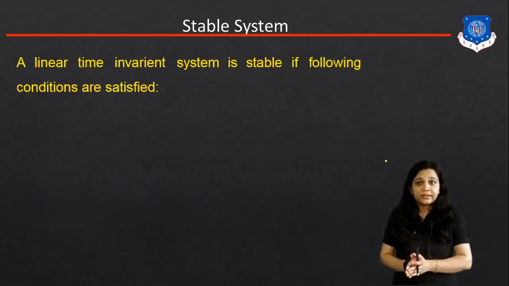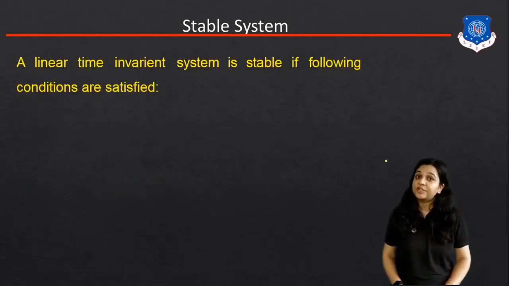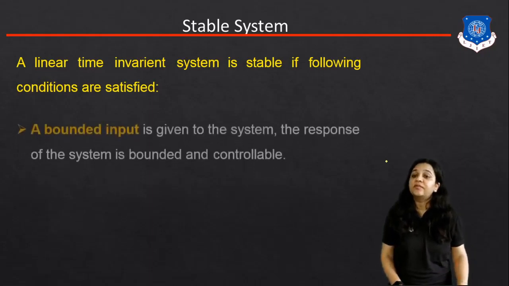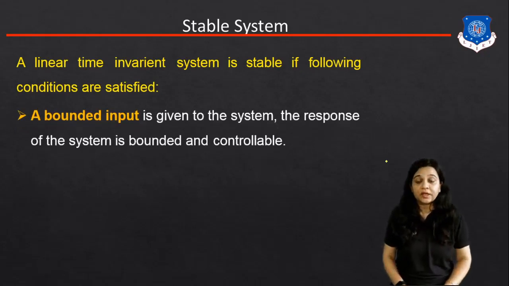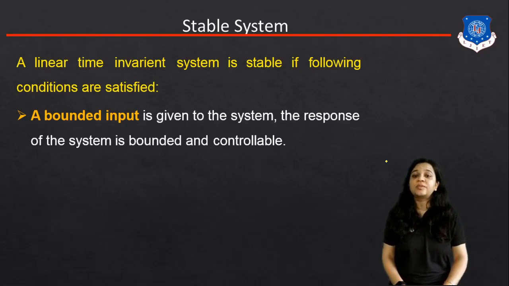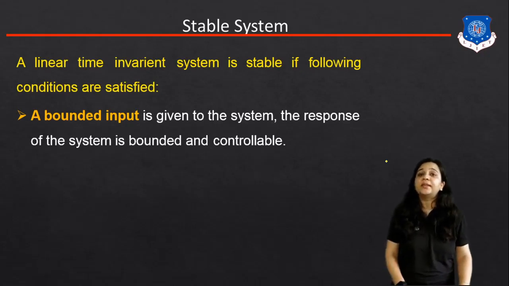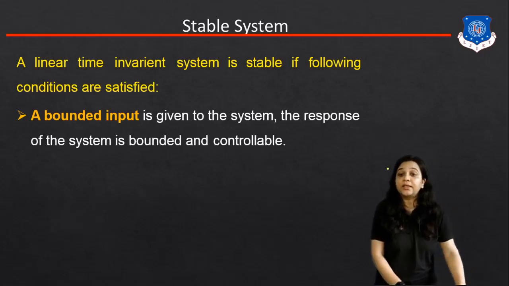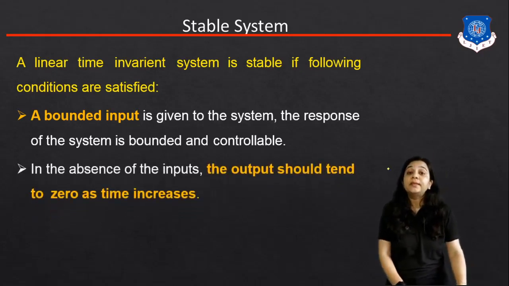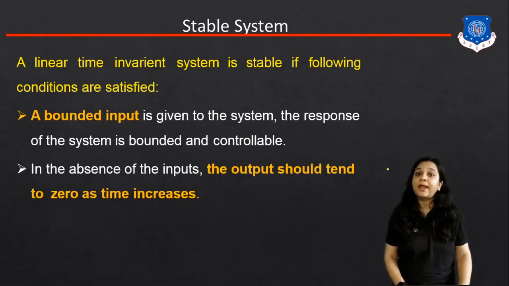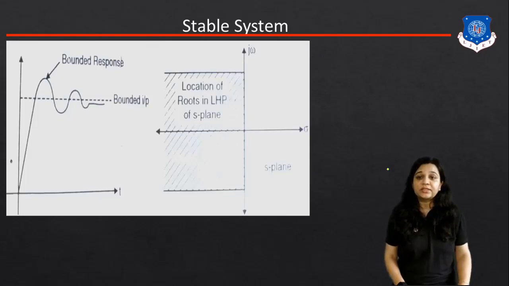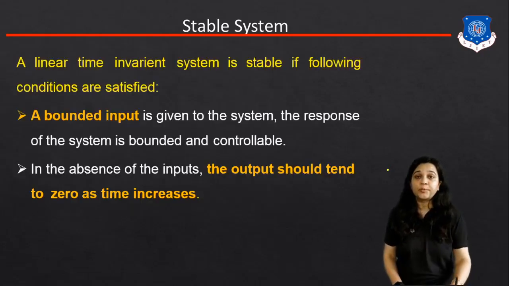A linear time invariant system is stable if the following condition is satisfied: if a bounded input is given to the system, the response of the system is bounded and controllable. If we apply a bounded input, we get a bounded output. In the absence of input, the output should tend to 0 as time increases. This is the condition for a stable system.